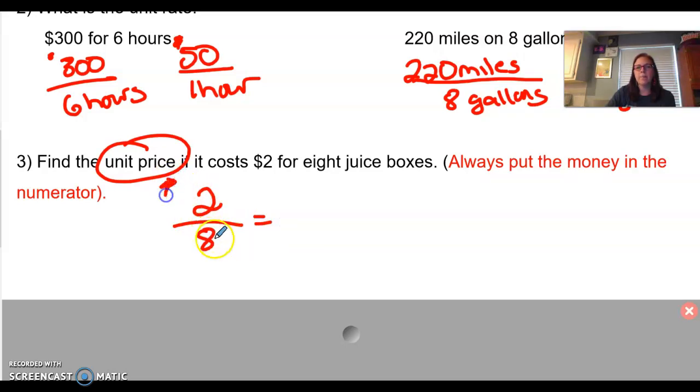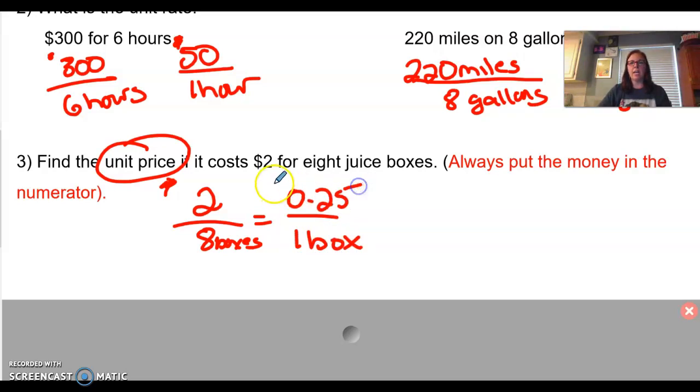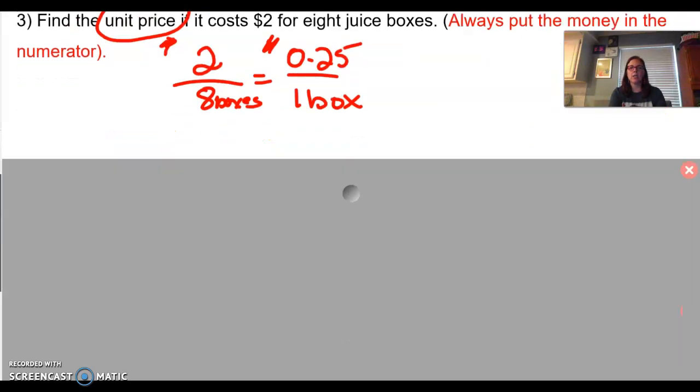Well, 2 divided by 8 is 0.25. So we're going to have 25 cents for 1 box, or 25 cents per box is how you could say that.